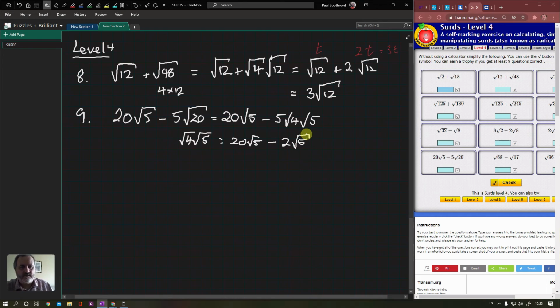Square root of 5, so 5 times 2 is 10, sorry. So we've got 10 square root 5. That was level 4.